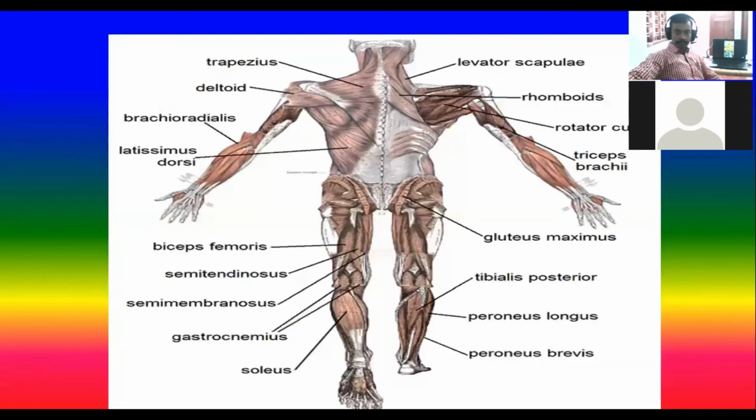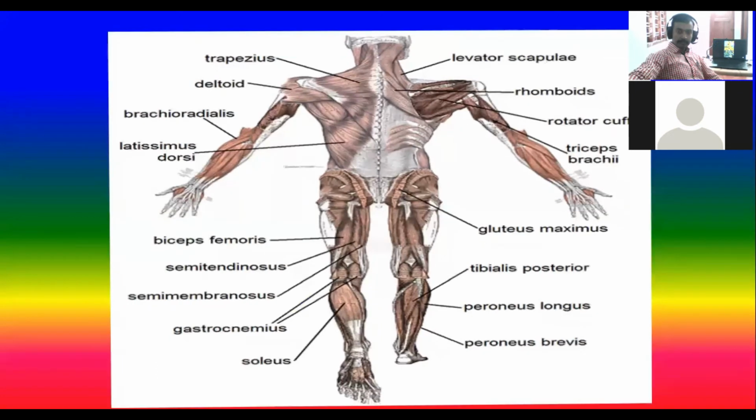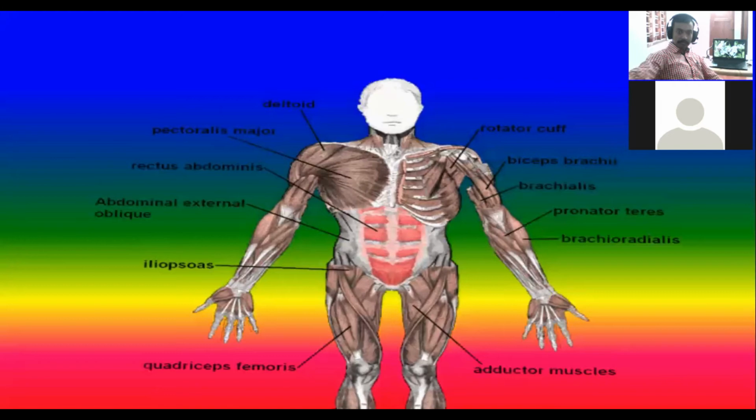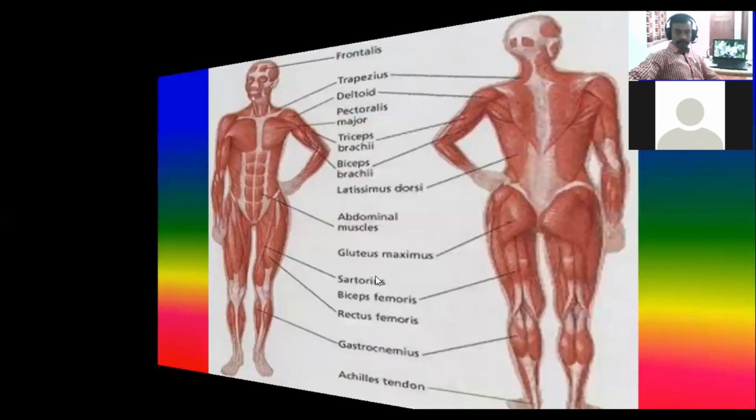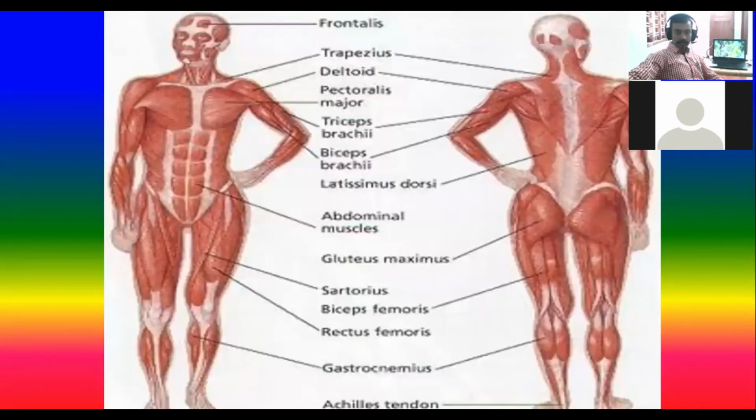This is posterior, this is anterior, this is posterior. Gluteus, tibialis, etc. This is lateral. In a lateral view, what are the muscles we can see?